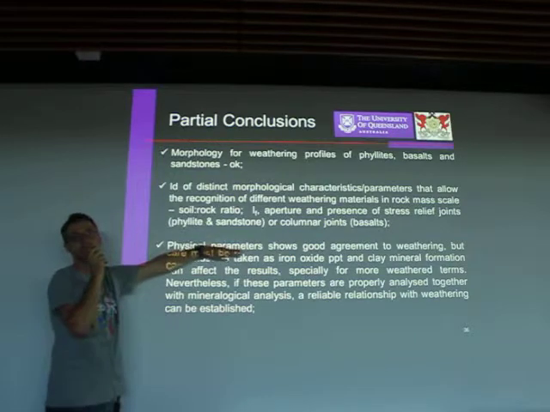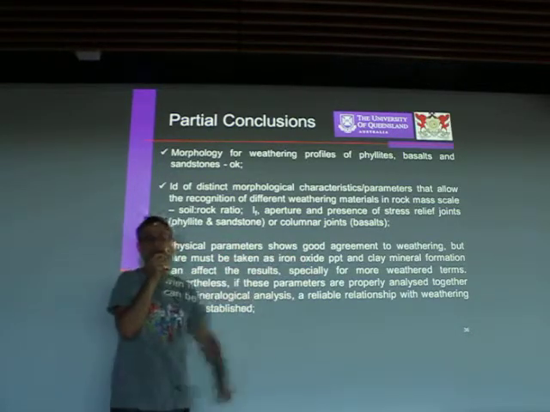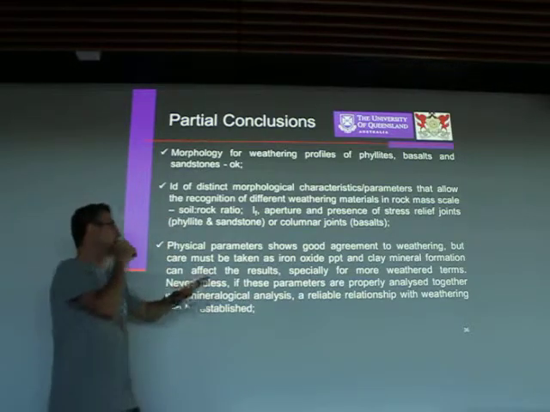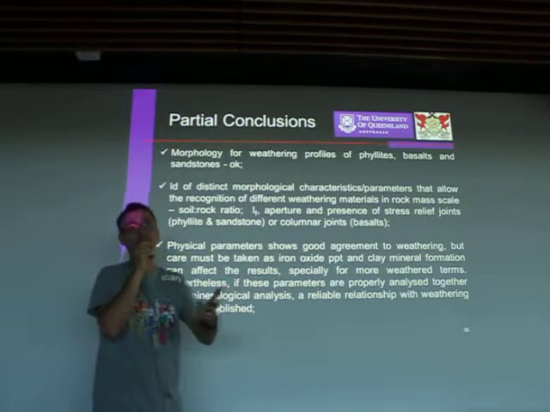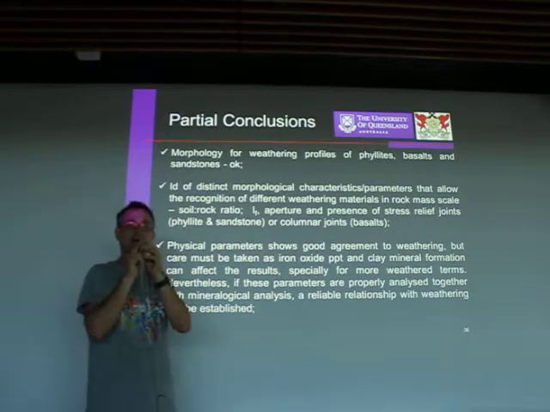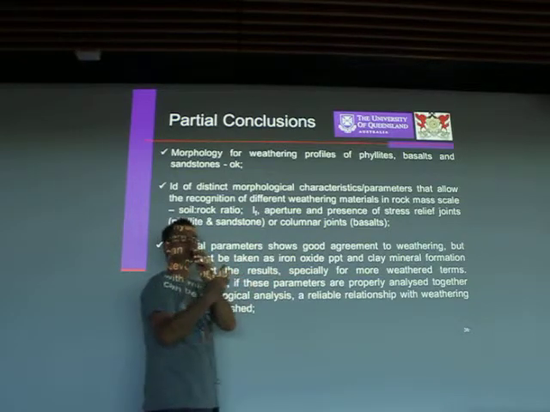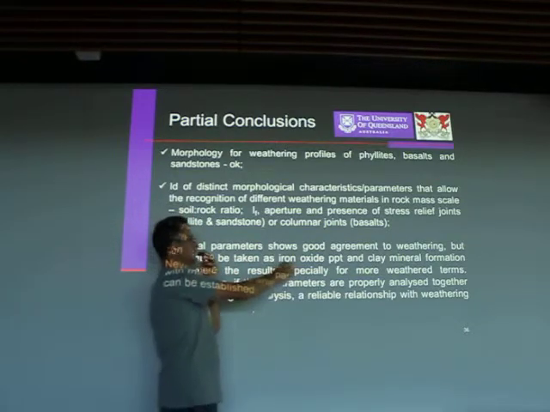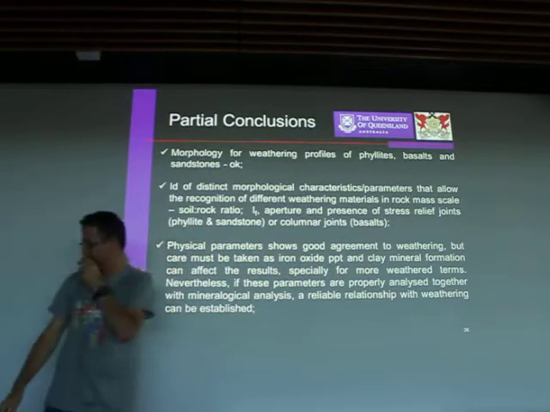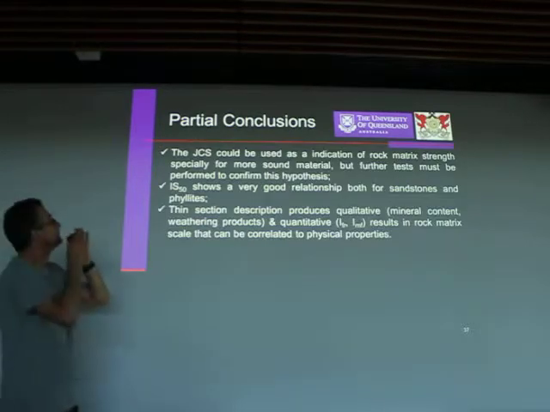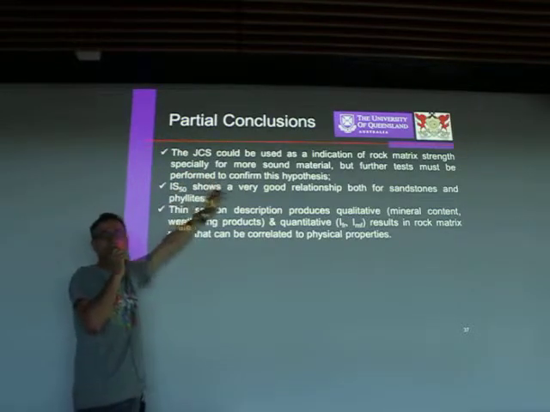And we have identified that some physical parameters show good agreement with the weathering as well. But attention must be paid when we have some minerals that can change to another kind of mineral that can produce some change in these results. So if you have, as an example, iron oxide precipitation, this can increase your strength as well. And finally, the JCS result could be used as an indication of this weathering.